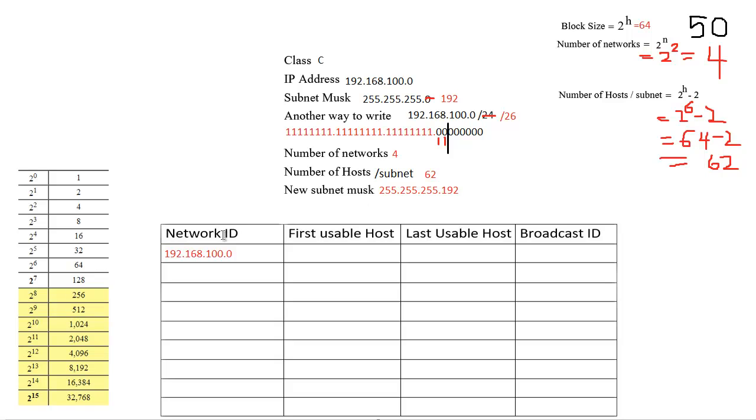That means our network will be incremented by 64. These 3 octets will remain the same because this is a class C IP address, and the 4th octet will be changed. So our next network ID is 64.